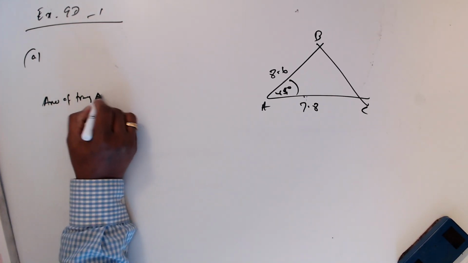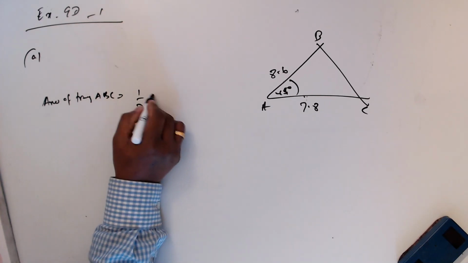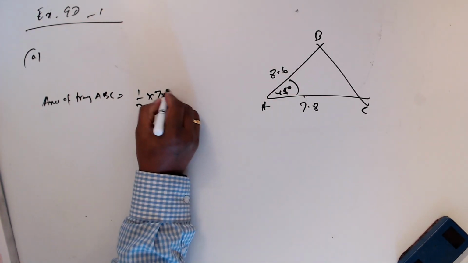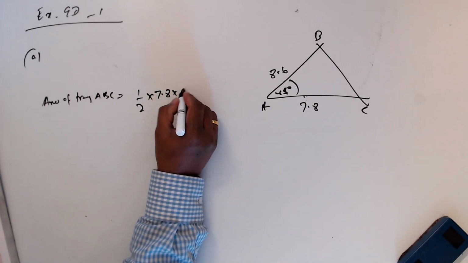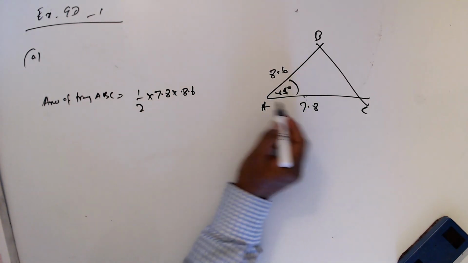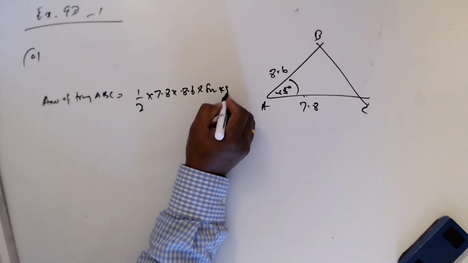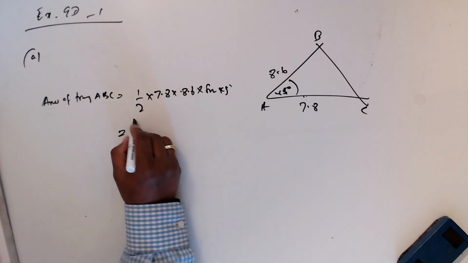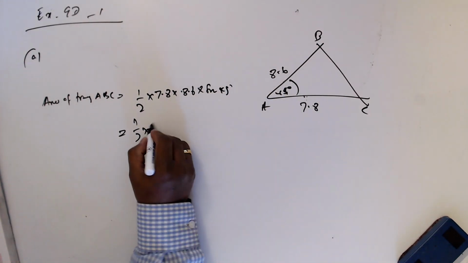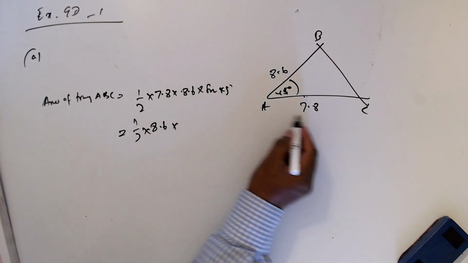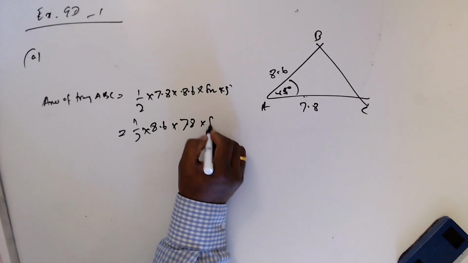triangle ABC is half times 7.8 times 8.6 times sine 45, or you can mix it, it doesn't matter. Half times 8.6 times 7.8 sine 45.